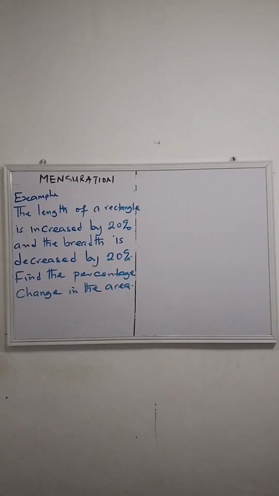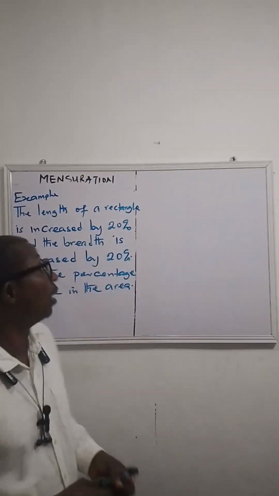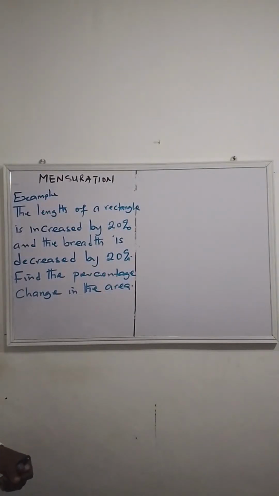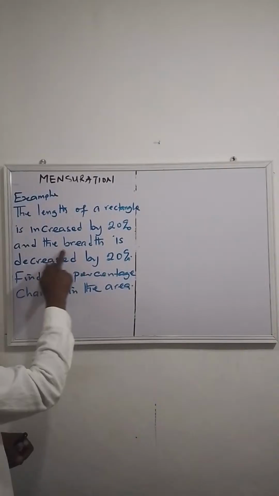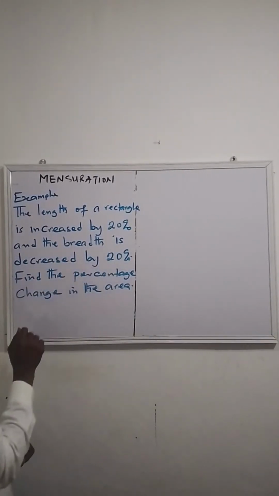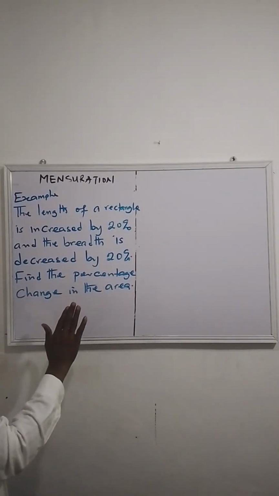Now let's look at the question on the board. The length of a rectangle is increased by 20% and the breadth is decreased by 20%. Now find the percentage change in the area.